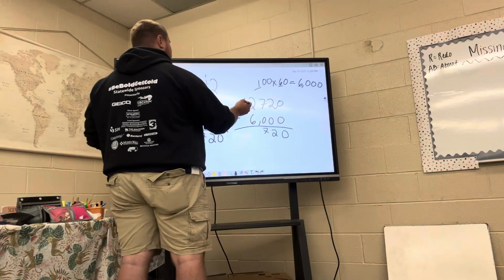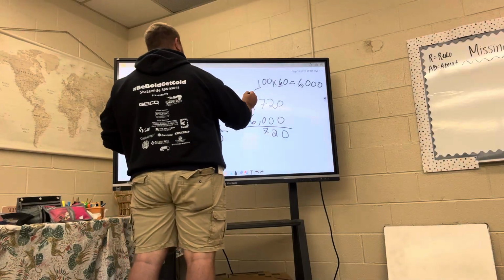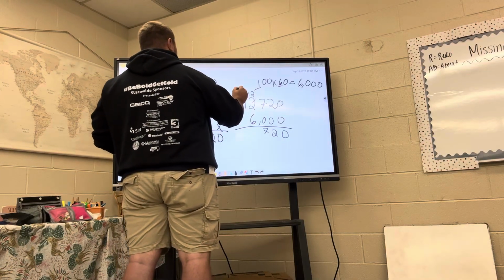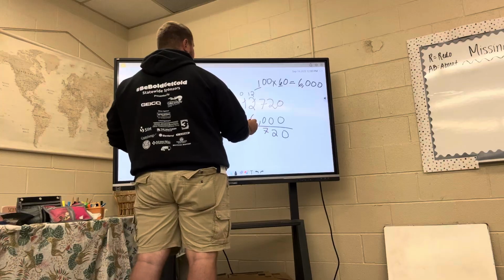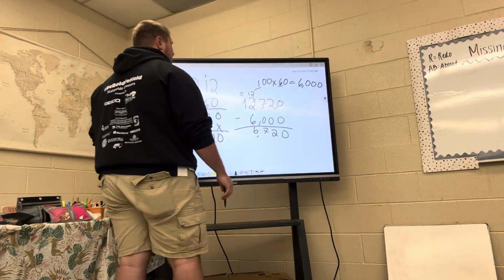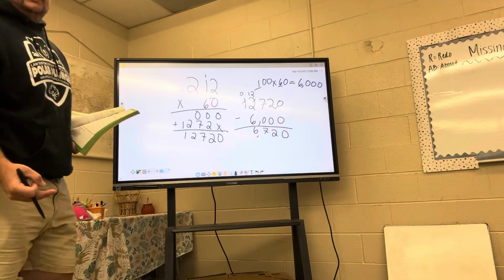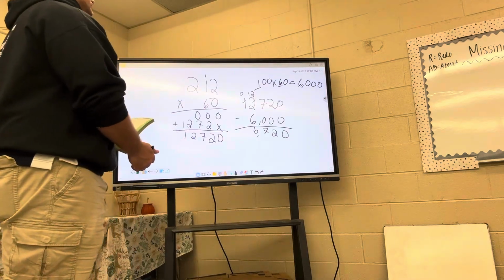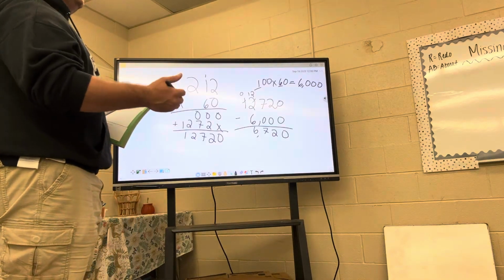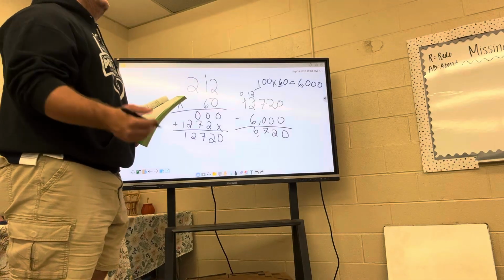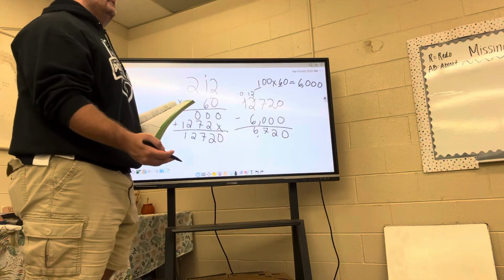We can't do 2 minus 6, so we have to borrow. This becomes 12, this 1 becomes a 0, and 12 minus 6 is 6, saying that we have a final answer of 6,720. So that means a rabbit's heart beats 6,720 more times than the dog's in an hour.